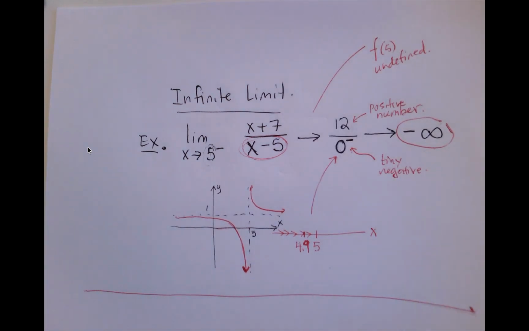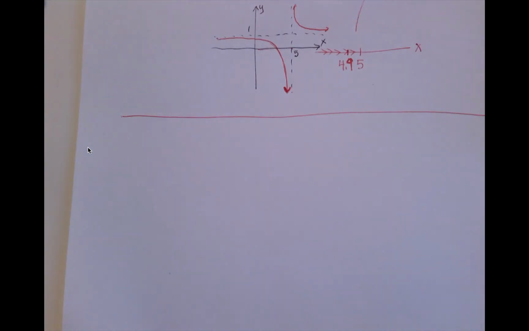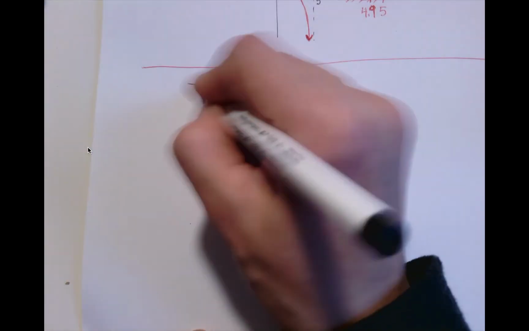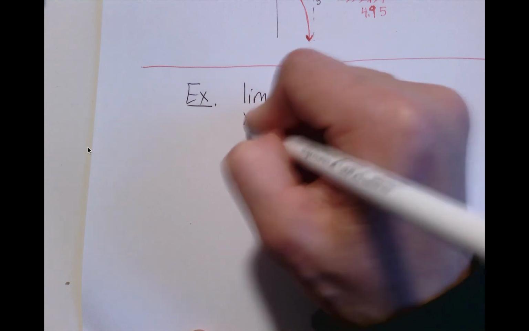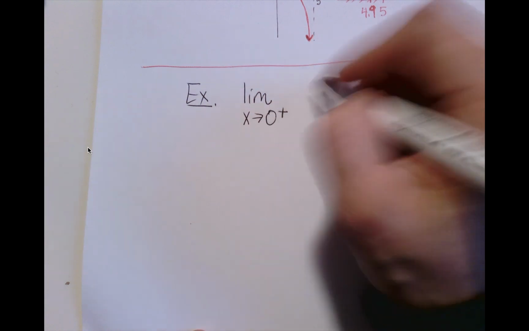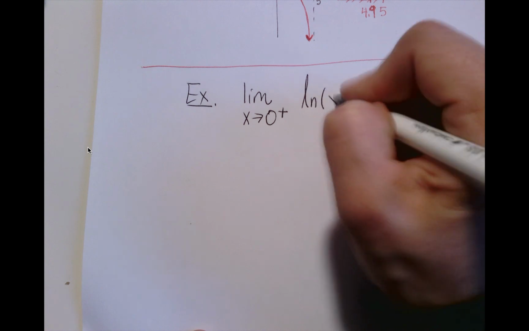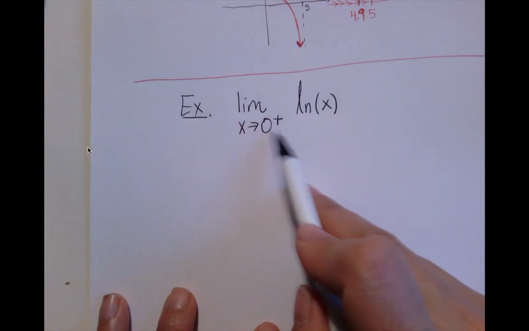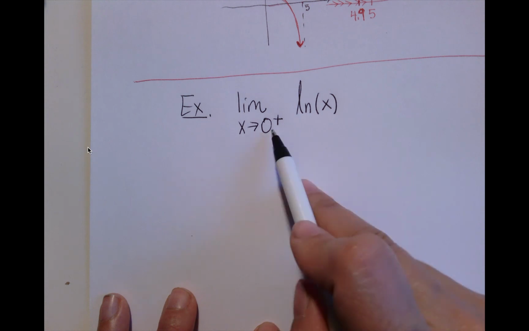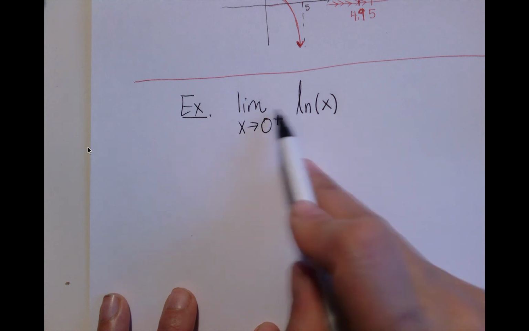Here's another example of an infinite limit. Here I'm approaching 0 from the right. My x values are approaching 0 from the right, so these are positive numbers.